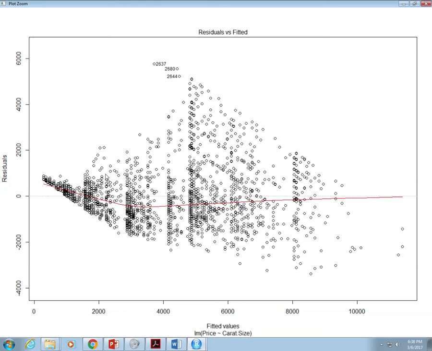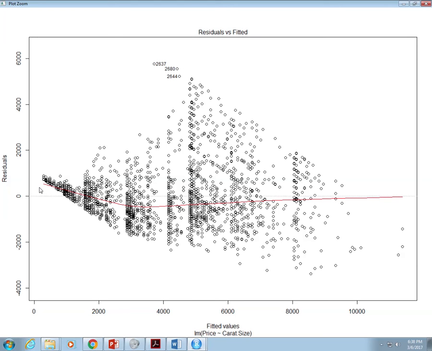Exactly. So under 2000, we're going to tend to underpredict. You can see that because the residuals are always up here. We have never predicted correctly with this model any diamonds less than about 1,000. We always predict lower than that.